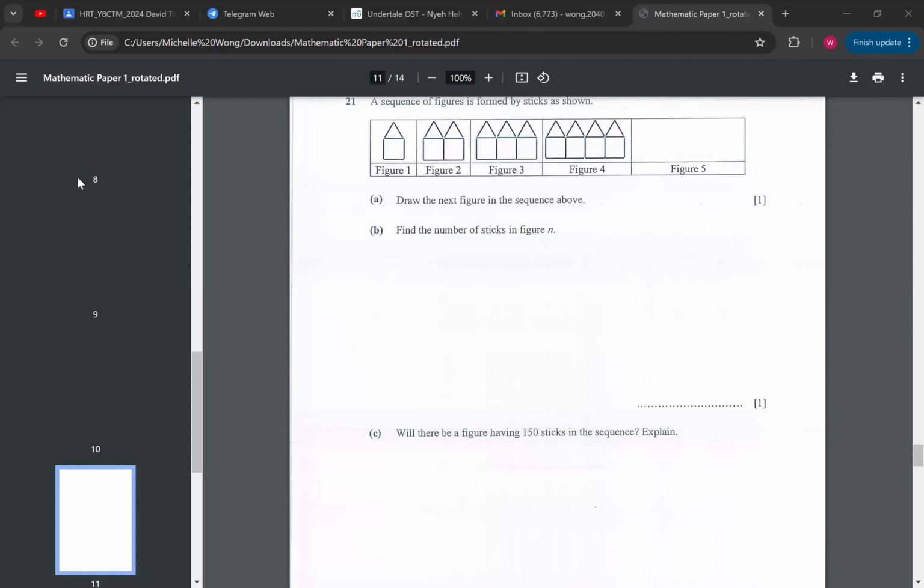B. Find the number of sticks in figure n. As we know, the first figure has 6, the second figure has 11, and the third figure has 16. So the formula is Tn = a + (n - 1)d.